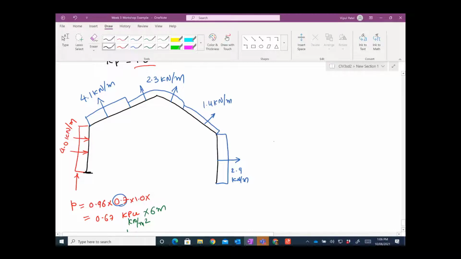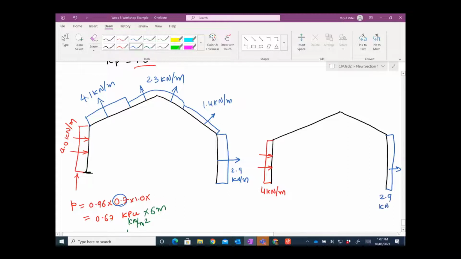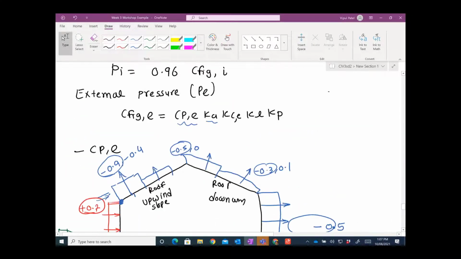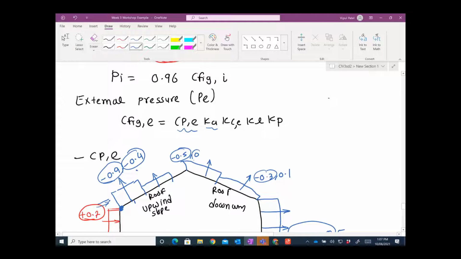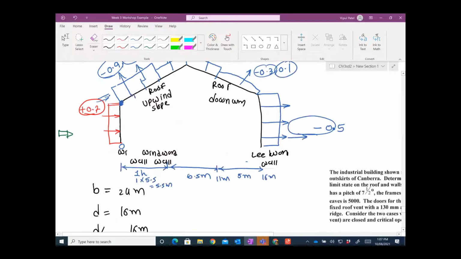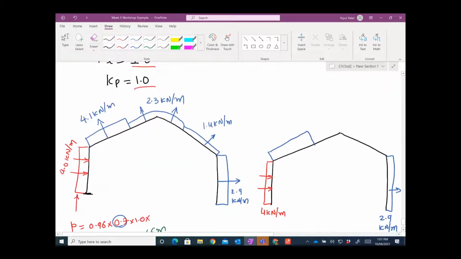And the second case, let me draw it up. This will be the same because it does not change, only the roof changes. So it is 4 kilonewton per meter, and you have 2.9 kilonewton per meter for leeward wall. And for roof it's changed because you have these second values, that minus 0.4, 0 and 0.1. So you have minus 0.4.